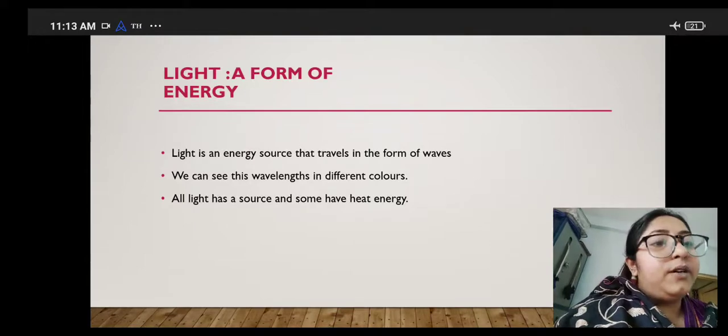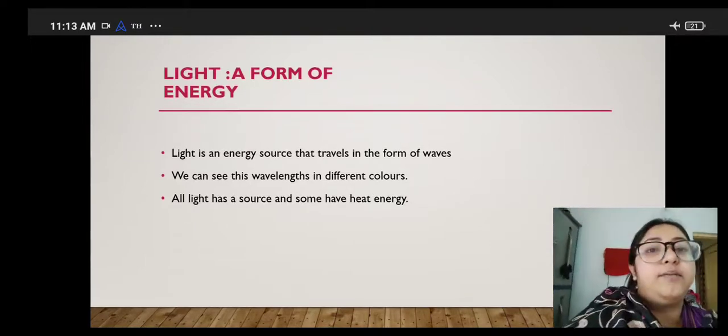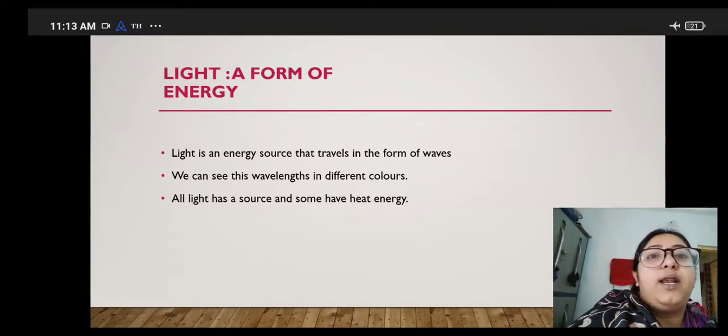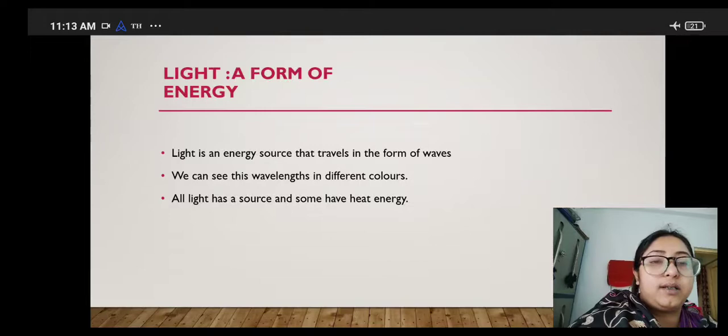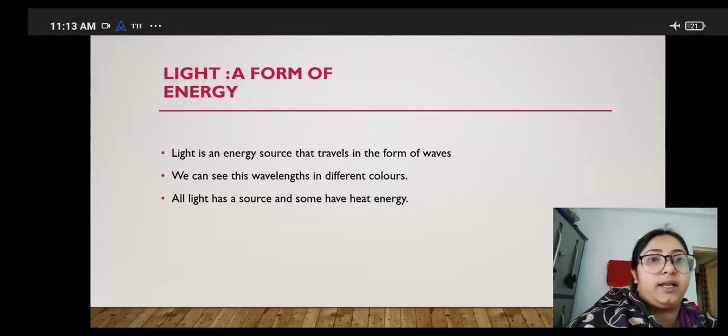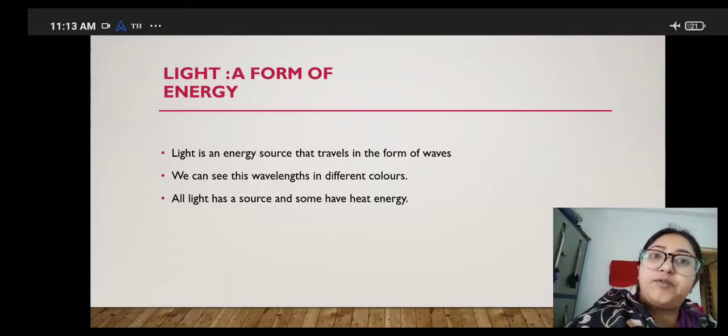So from here we can say that all light has a source. That means light is emitted from a particular place, which then comes to our eyes or falls on a material. From that the light gets reflected towards our eyes and we can see the object. So every light which is reaching our eyes is emitted from a source.